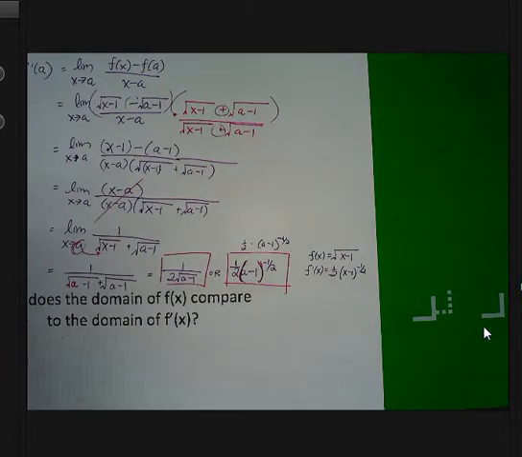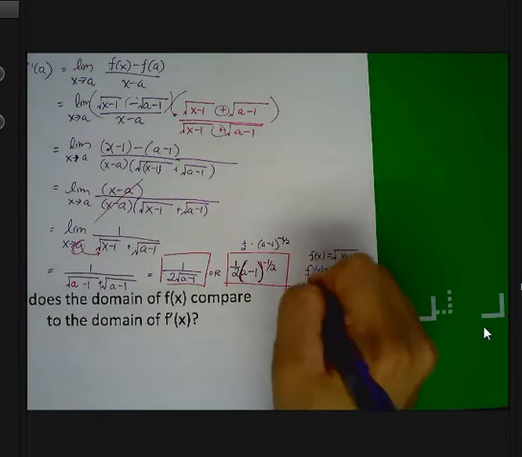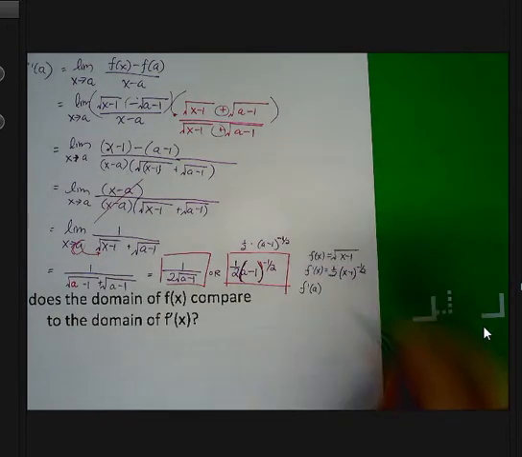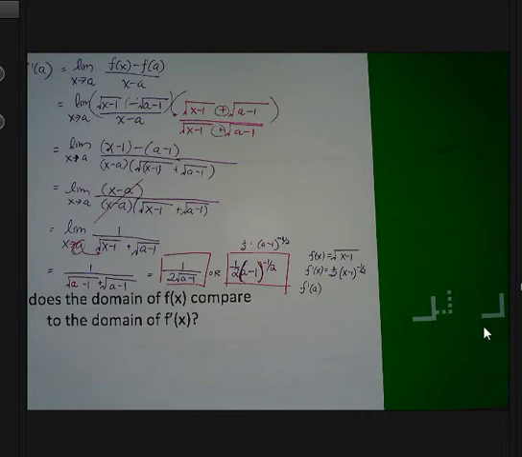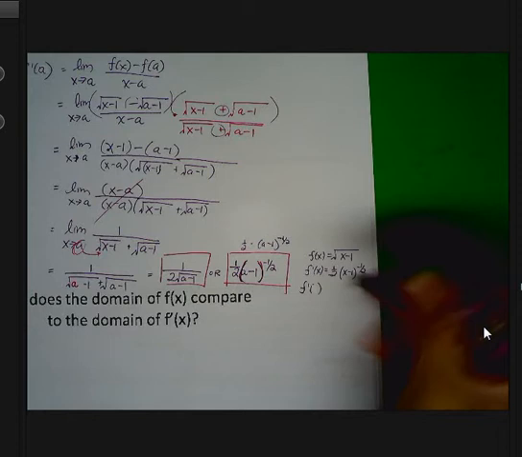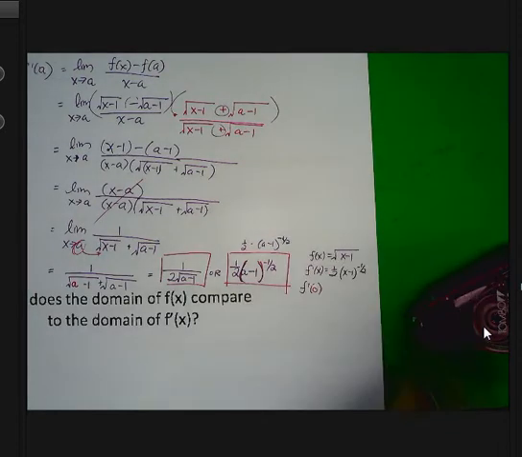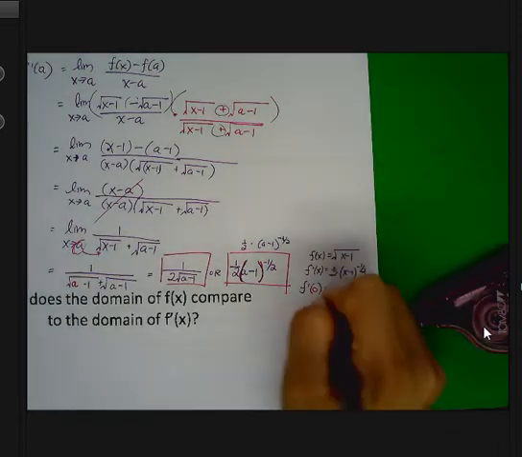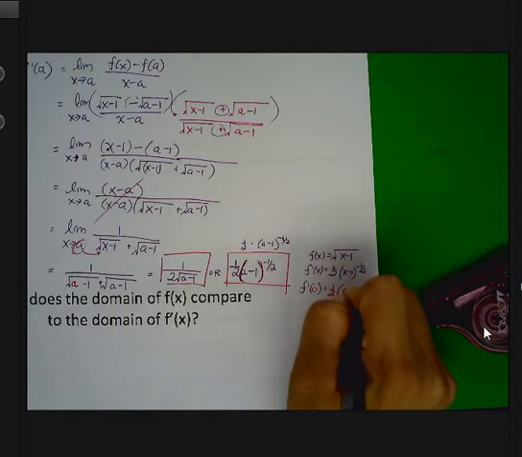Now, if I ask you for a specific point, when you say a, that a is always representing a constant. So if you want any number, you can plug in that number. For example, if I want to find f prime of 0, then I would plug in 1/2 times 0 minus 1 to the negative 1/2.